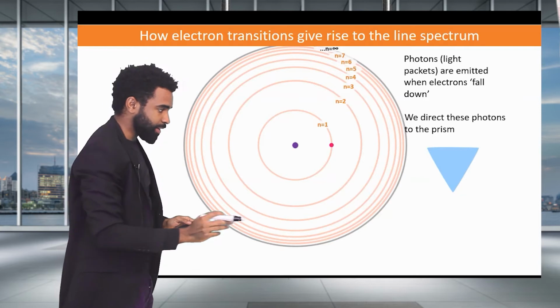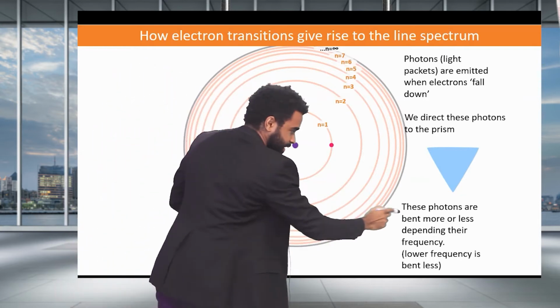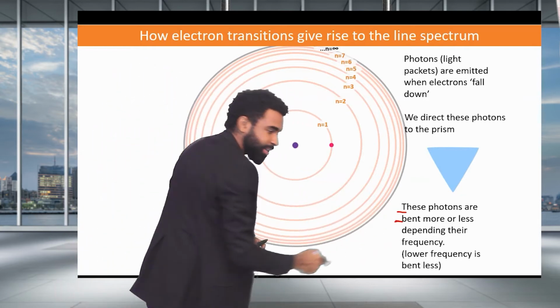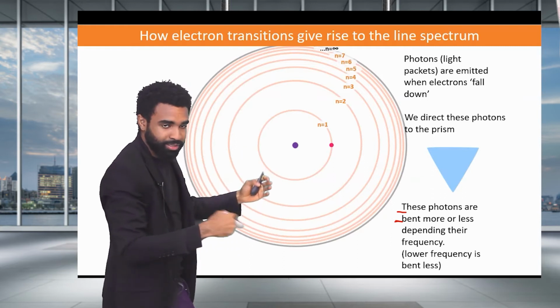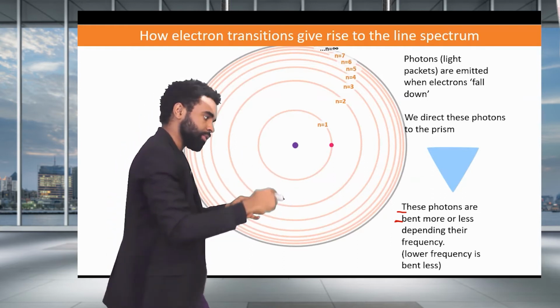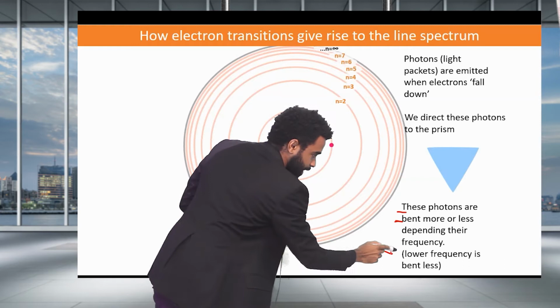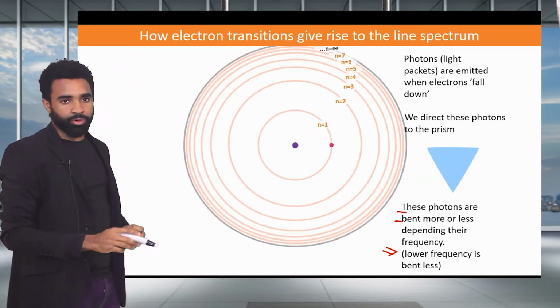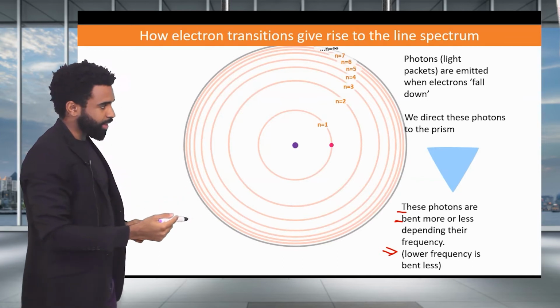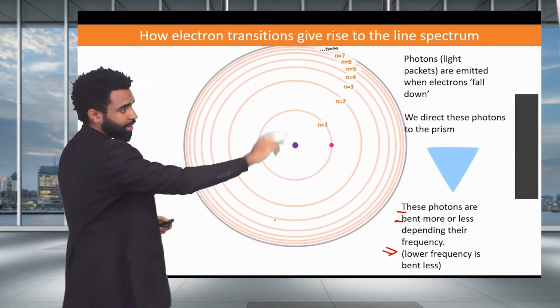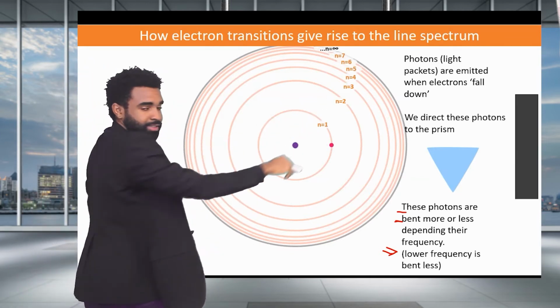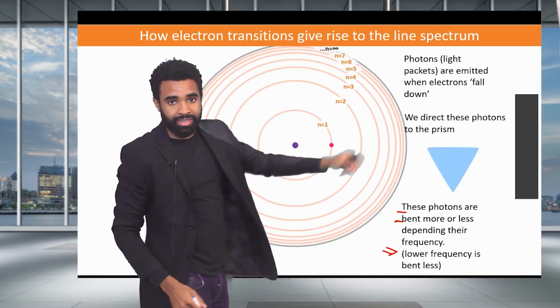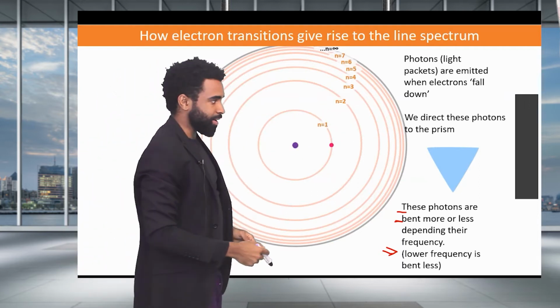And finally, another important thing is that the photons will be bent based on their frequency or their energy. Lower frequency photons are bent less, but that's not important for the IB. So let's try and see what happens. We're going to see what's going on in that measurement apparatus there.